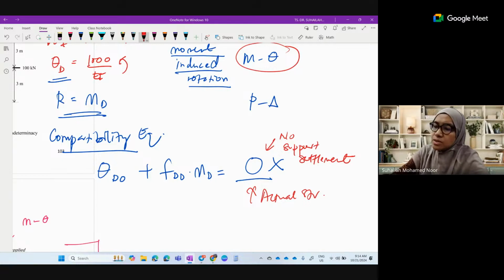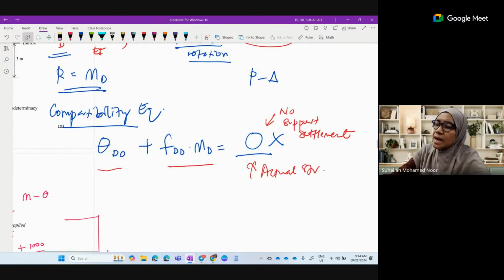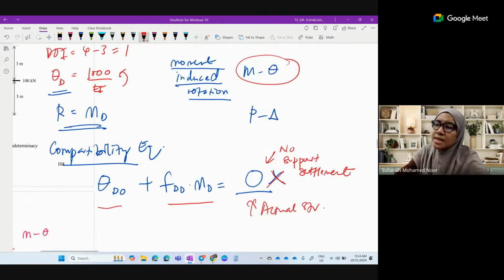Actual structure equals primary structure plus redundant structure. Okay, primary structure has theta D naught, and redundant structure we have FDD times moment at D, times redundant. But if we put 0, it becomes no support settlement. But now we have support settlement.